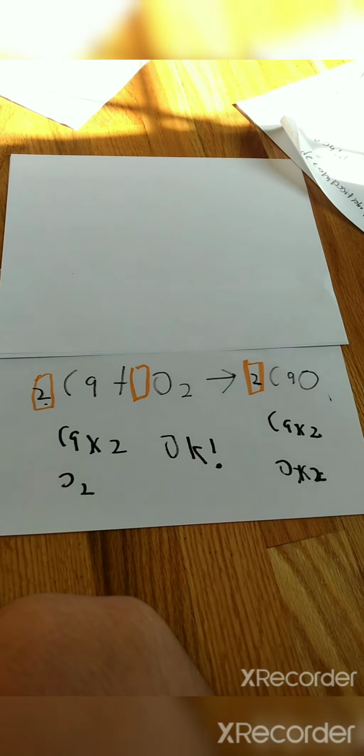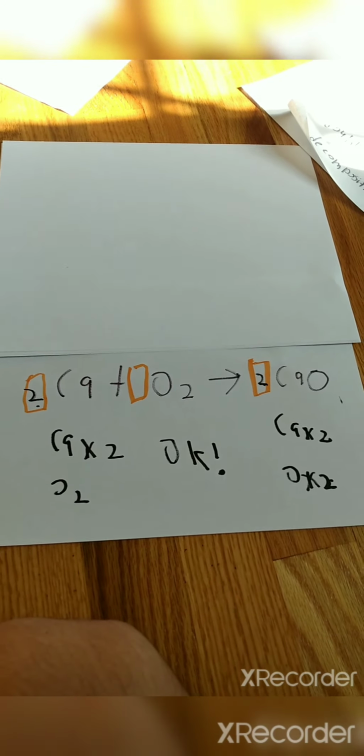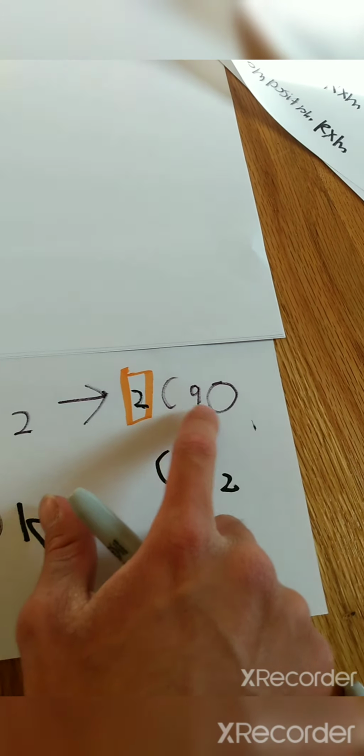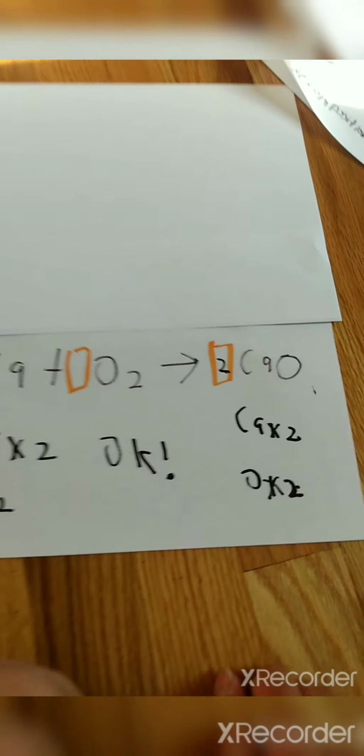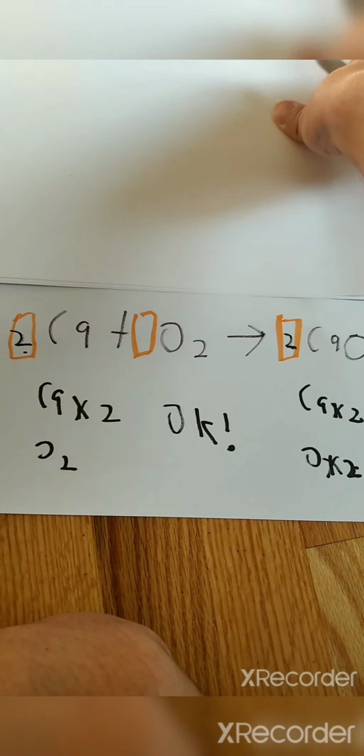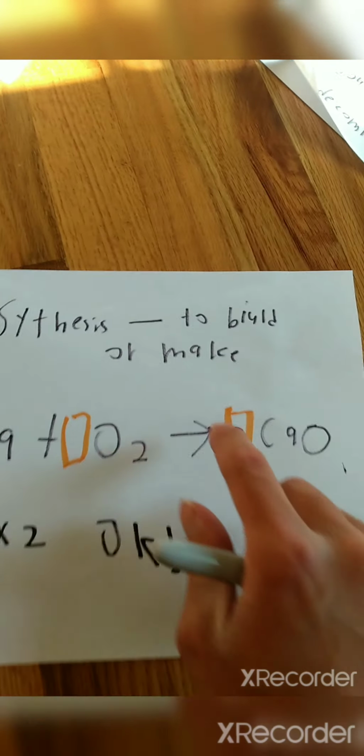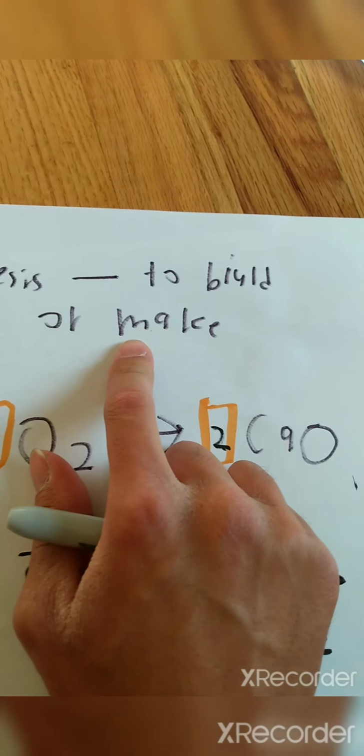Next is identifying what kind of chemical reaction it is. So calcium and oxygen turn into calcium combined with oxygen. What this is, is what we call a synthesis reaction. It means to build or make something.